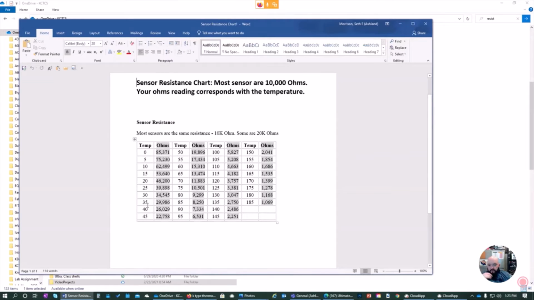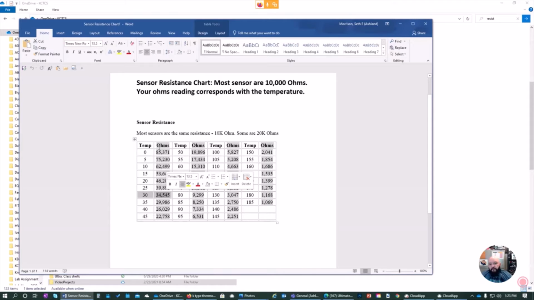So for example, a good benchmark is 32,000 ohms is approximately 32 degrees. Do you see that? 30 degrees is 34,500 ohms. 35 degrees is 29,000. Right in the middle there, 32,000 ohms is approximately 32 degrees. And there's a reverse correlation.